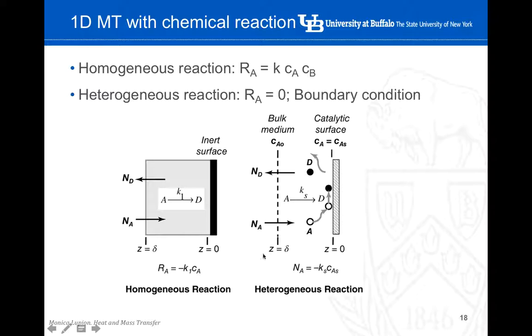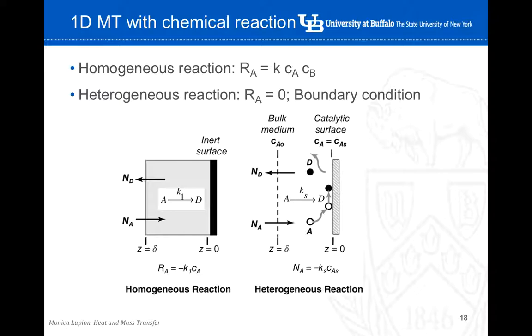The second case is the heterogeneous reaction, when the reaction is not happening homogeneously within the control volume, but like in this case, over the catalytic surface. So it happens in a very located position within the mass transfer problem.